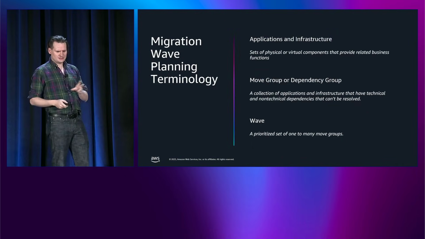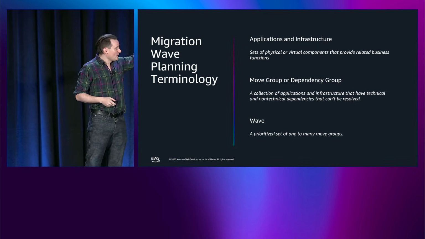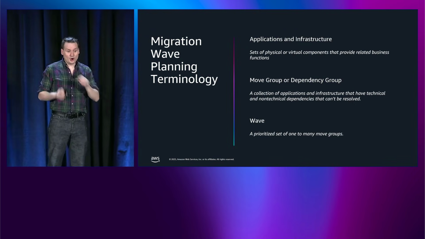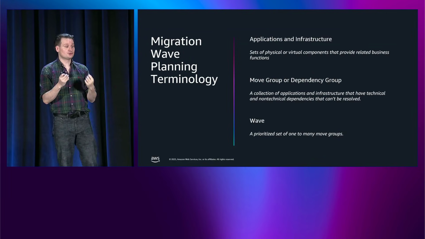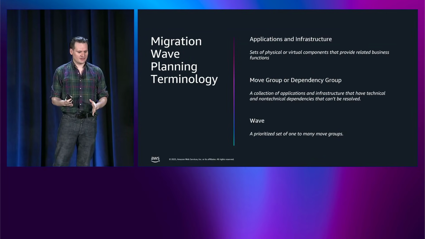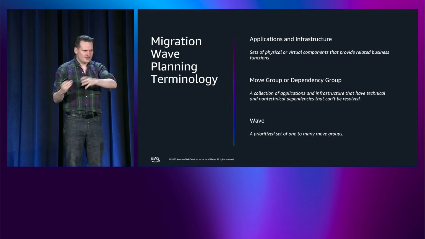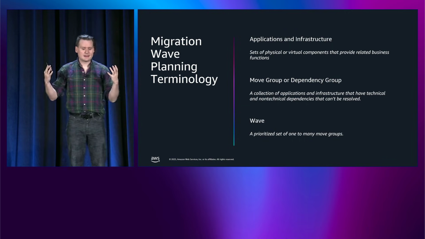Now to clarify quickly in terminology there, because I used some terms there. So applications, units of business value, whatever you want to call them, ultimately those are the components that you care about. Those are the things you want to move from on-premises to AWS. You then have all of the communications between your apps that depend on each other, that database dependency or those web app dependencies.